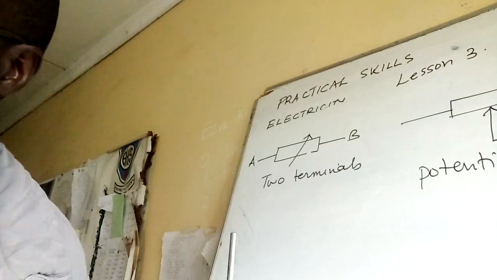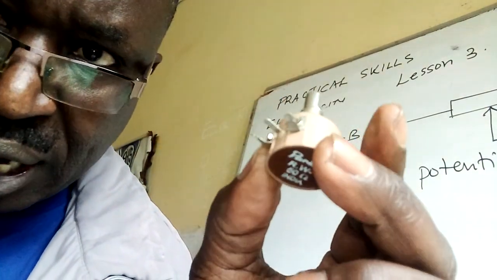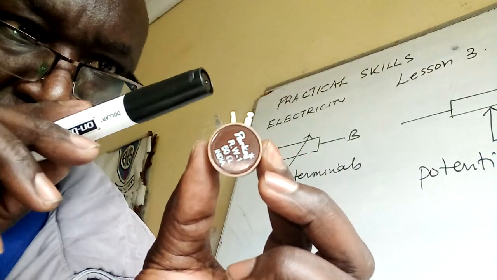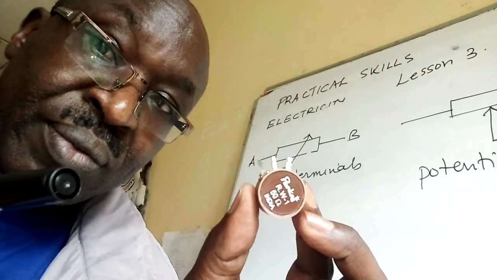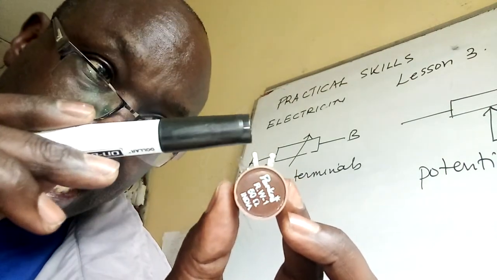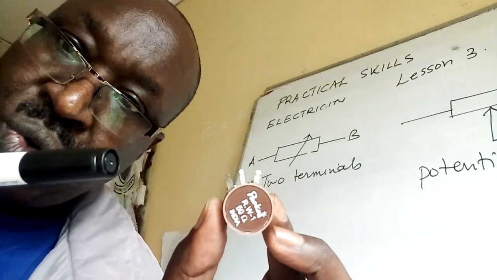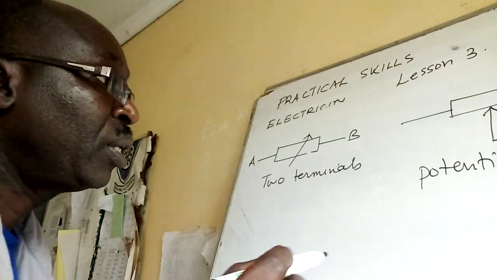And they are of various sizes. The most common that you encounter in a school is this. You can see the 3 terminals, 1, 2, 3. So get me right. A variable resistor, you will use either 1, 2 or 2, 3.